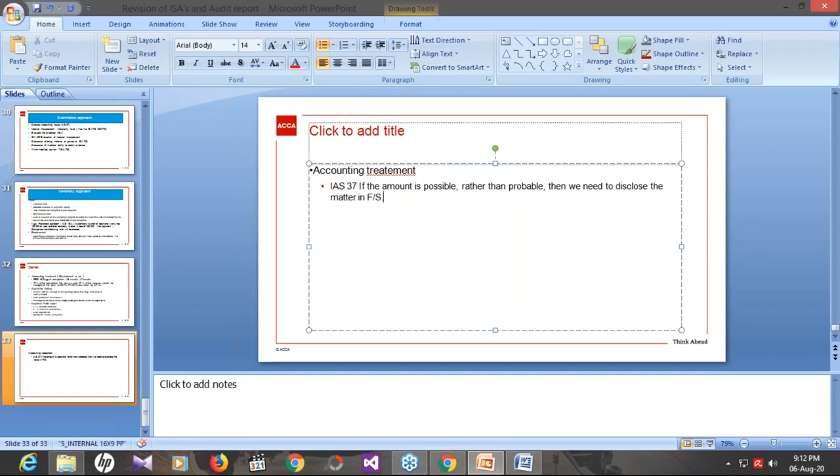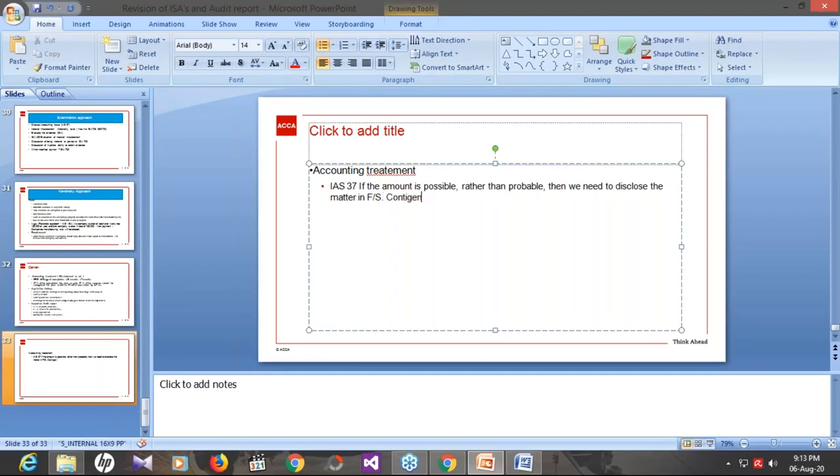Due to the possibility, we will consider it a contingent liability, and notes to the accounts would be enough. It should provide a description of the nature of the situation, the estimate of the possible financial effect, or any uncertainty related to it. All these things should be disclosed in the financial statements. This is the requirement of IAS 37.